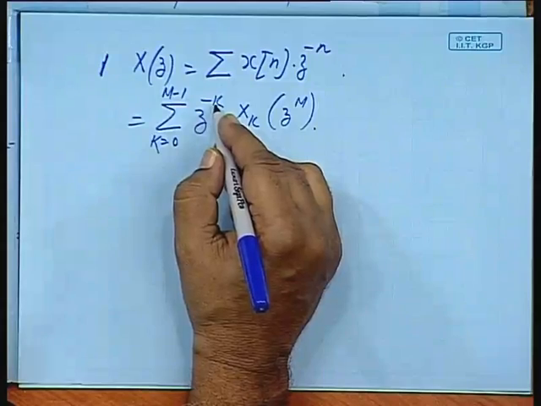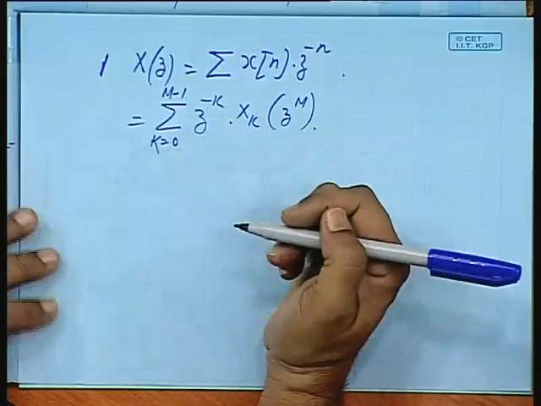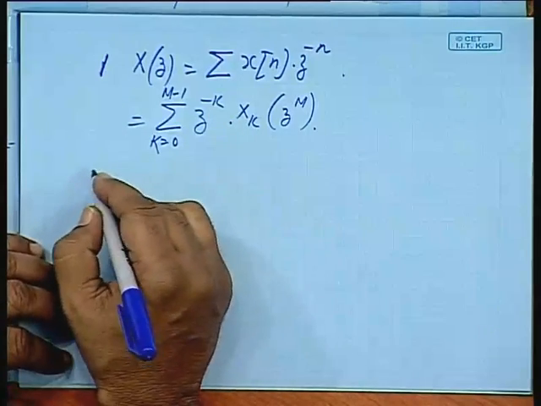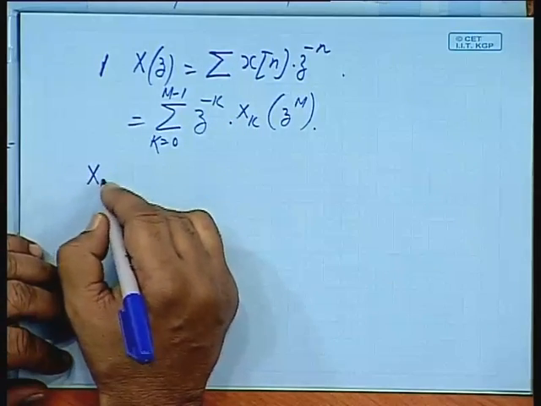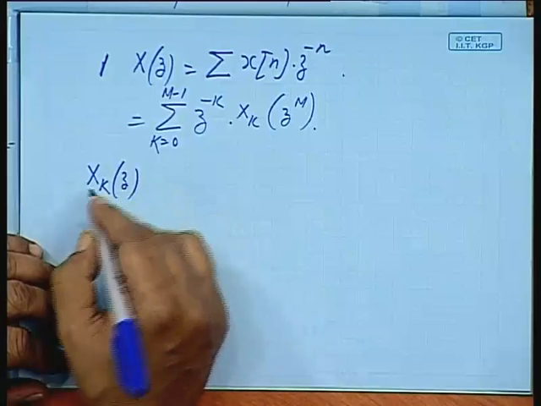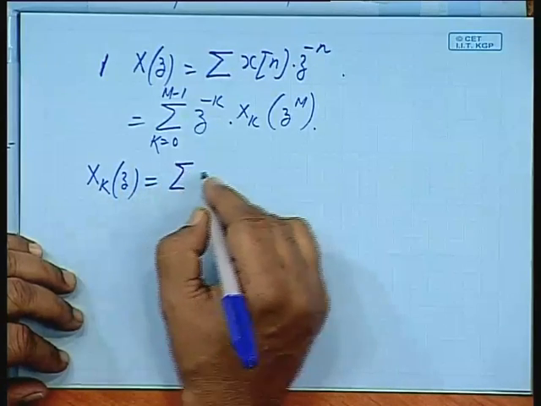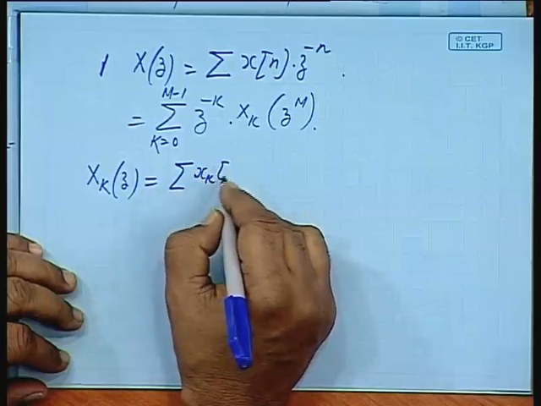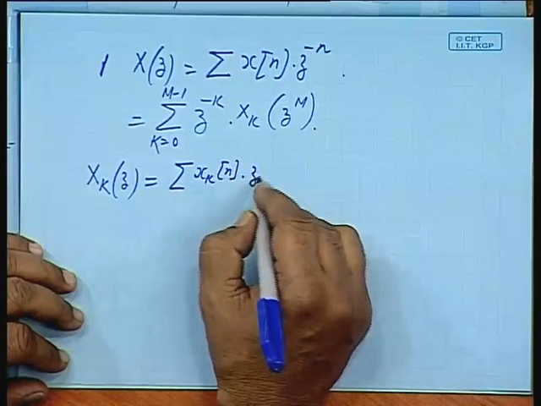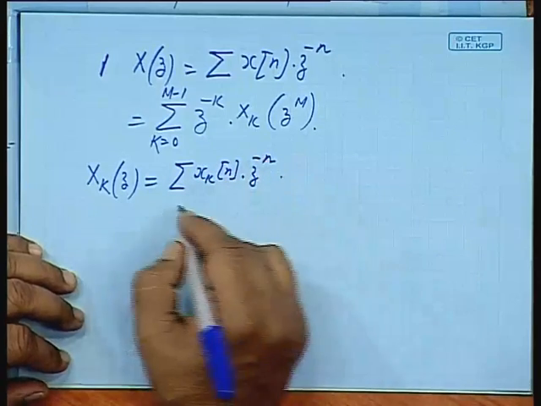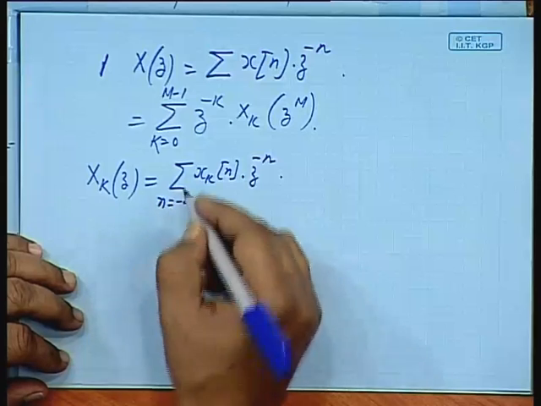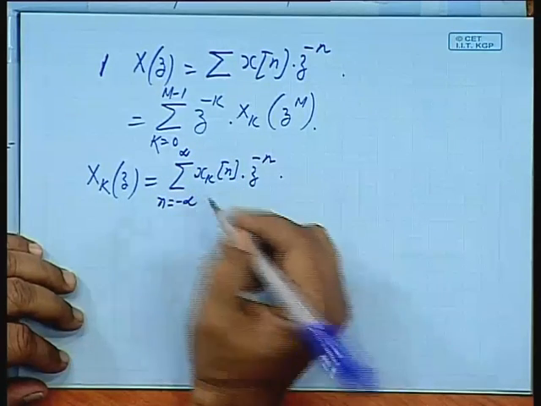If there are m such subgroups, then k will have maximum m minus 1. These are the polyphase components, X_k(z) will be sigma x_k n z to the power minus n, n tending to infinity.